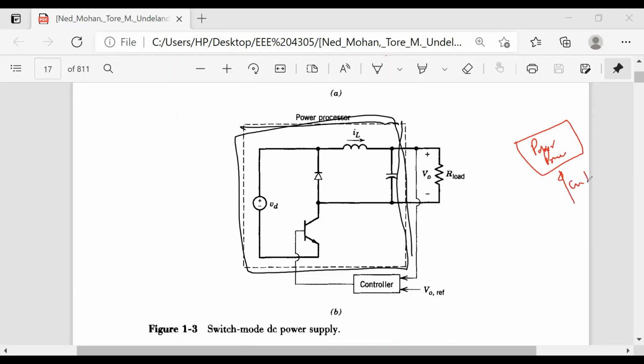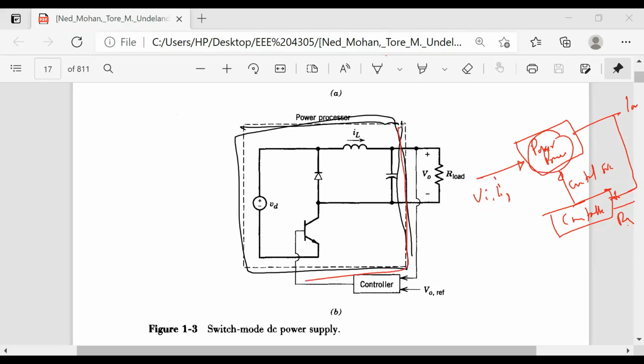This is the control signal. This is your controller. I have given you the block diagram, right? So this is the load. From here, feedback signal, this is your reference, and from there will be input Vi. That is your power processor. We will process our power to meet the demand of our user.